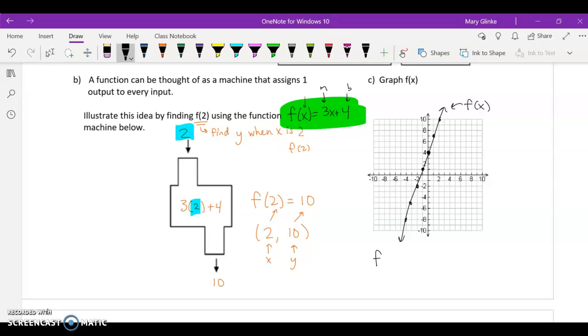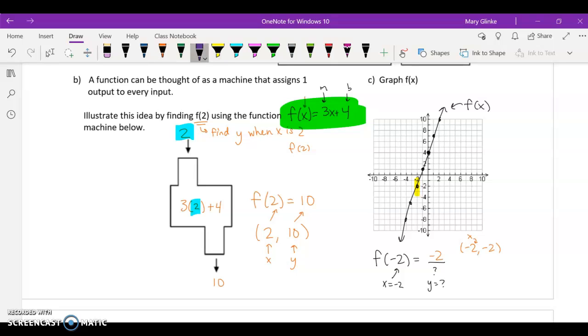So if I want to find f of -2, this is saying when x is -2, what is y? So we can find the coordinate point where x is -2, and it would be this one over here. X is -2 when y is -2. So when x is -2, my y value was -2.